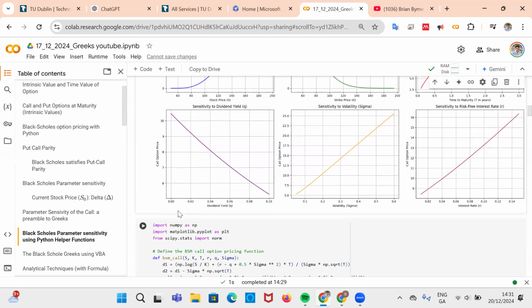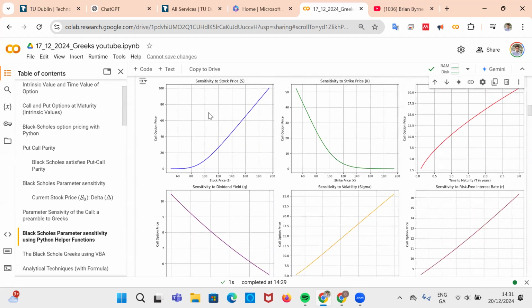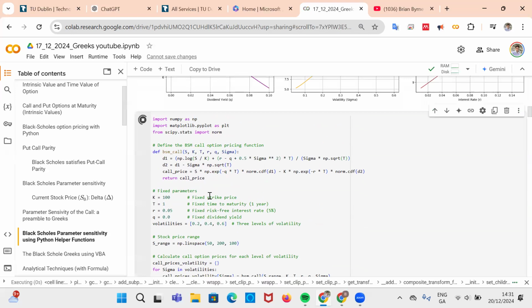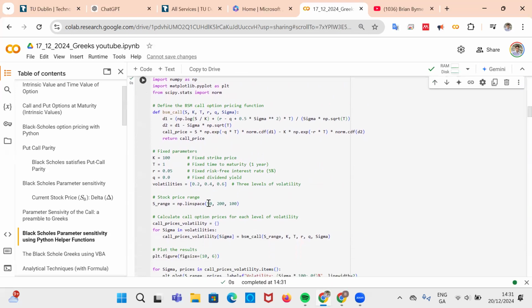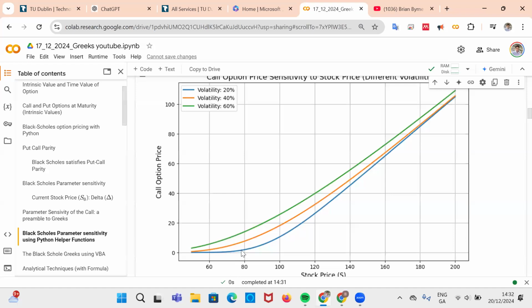So for instance, if we isolate purely this table and graph, and rerun the same exercise again, but in this instance we consider different levels of volatility, 20, 40, and 60%, we can see that the sensitivity of the parabola actually changes as we increase the volatility.